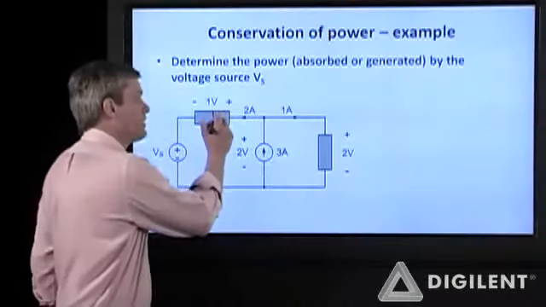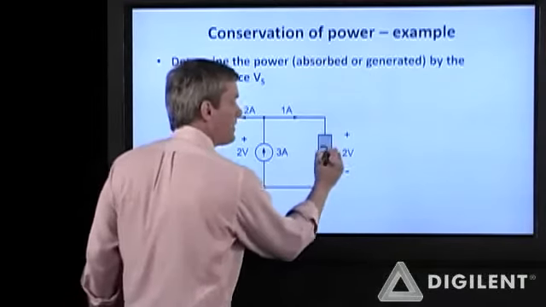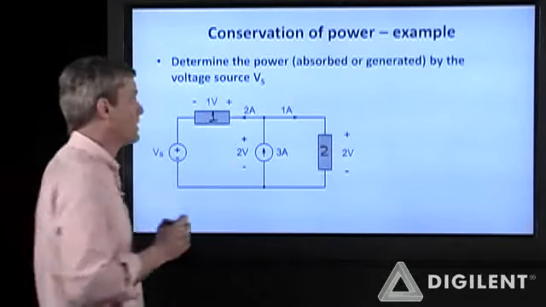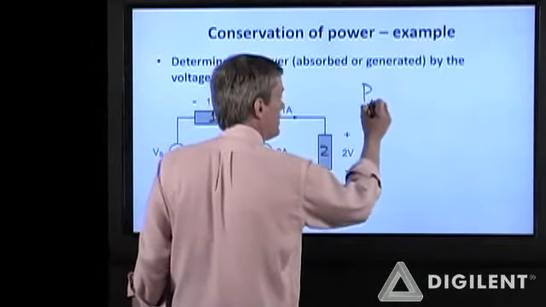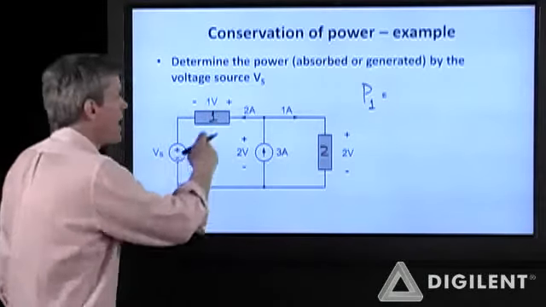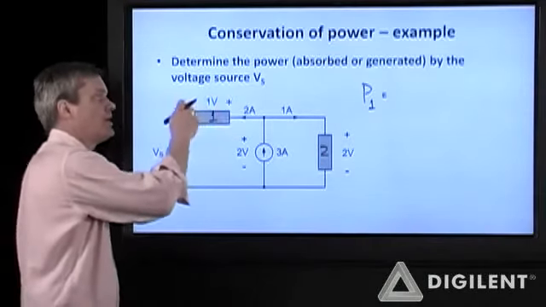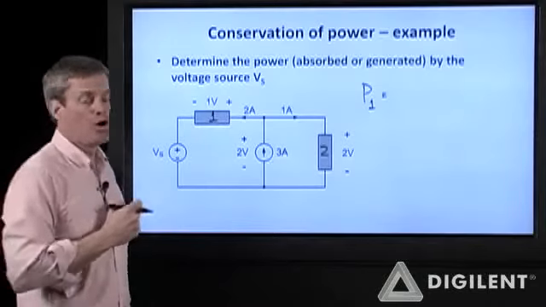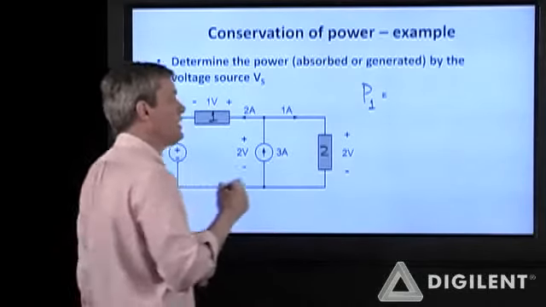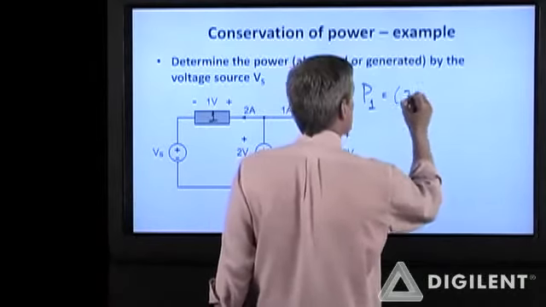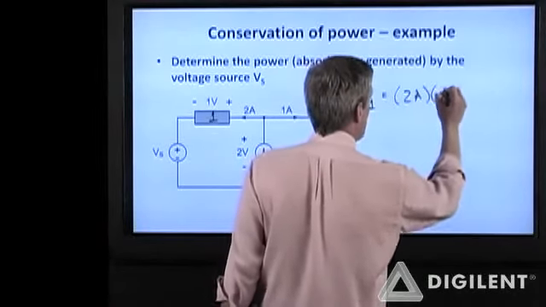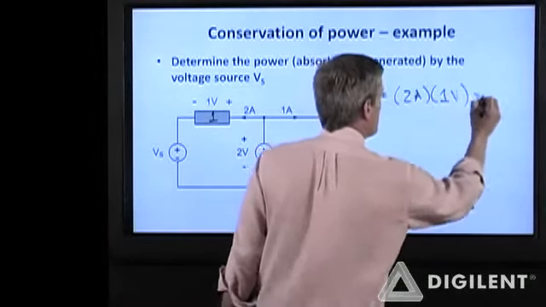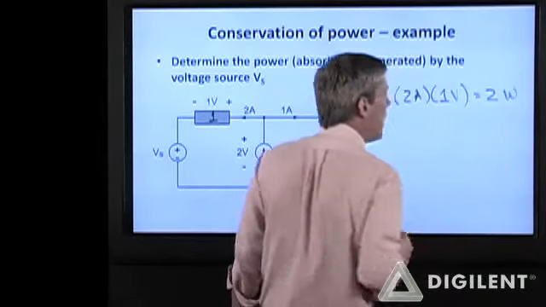Okay, for shorthand, I'm going to call this element number 1, this element number 2. The power of element 1: I have 2 amps going into the positive voltage node of a 1 volt difference. So this is 2 amps times positive 1 volt. This gives me 2 watts.